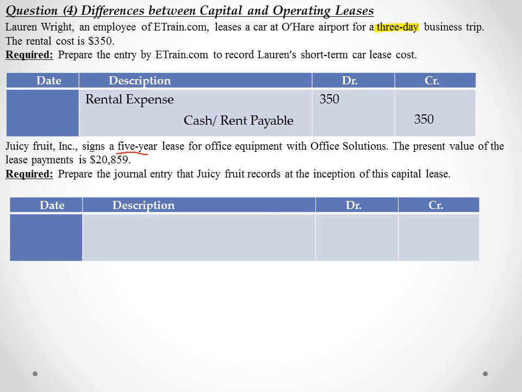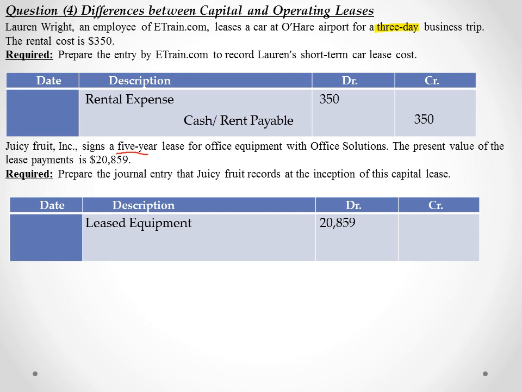Or in other cases, if it's not clear whether this amount is paid using cash or not, he can credit rent payable. So it will either affect the cash, if he paid cash, so he will credit cash to indicate a reduction in the cash amount, or if he will pay later, this will increase his liability, so he will record this as credit rent payable. So this is the first case.